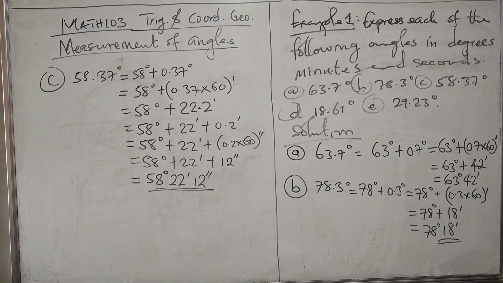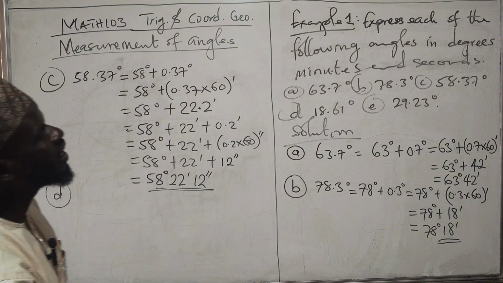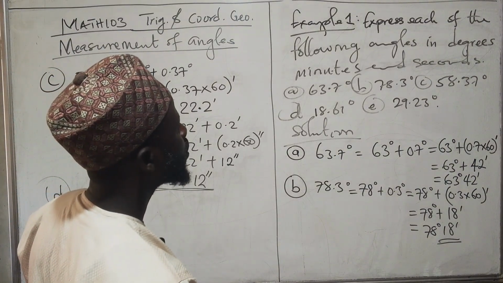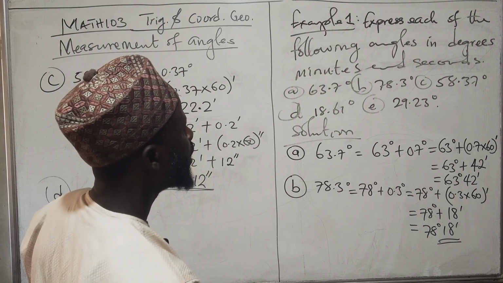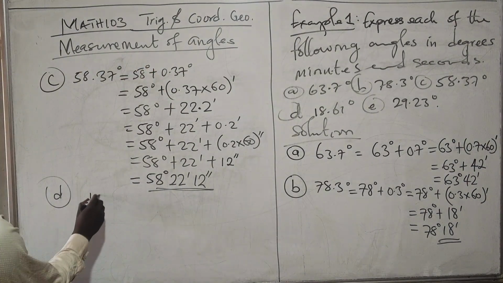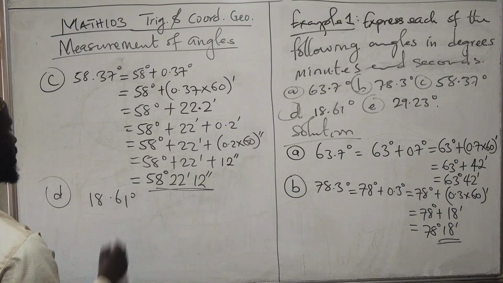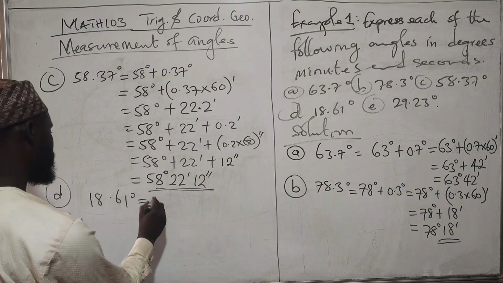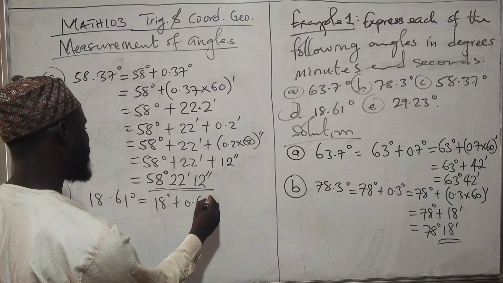So we go to D. The D part of the question is saying, I will solve just either D or E. 18.61 degrees is equal to 18 degrees plus 0.61 degrees.